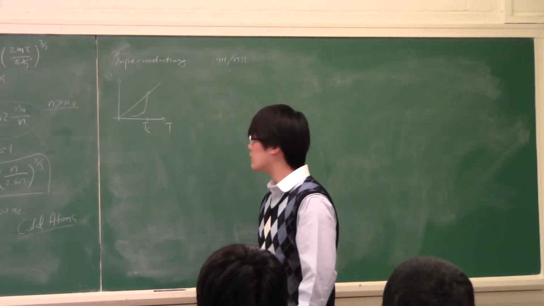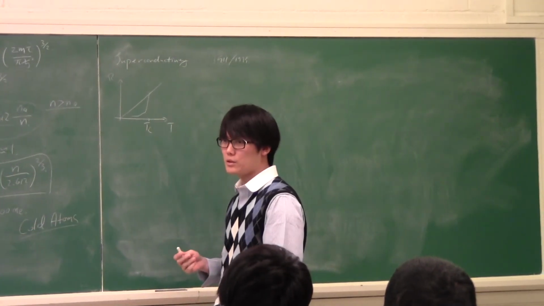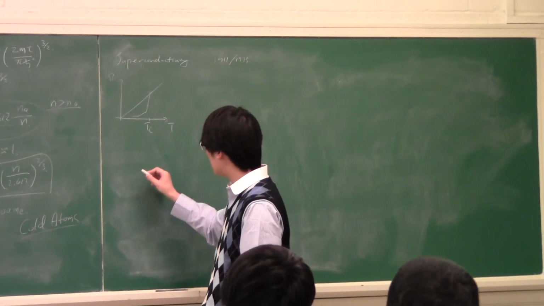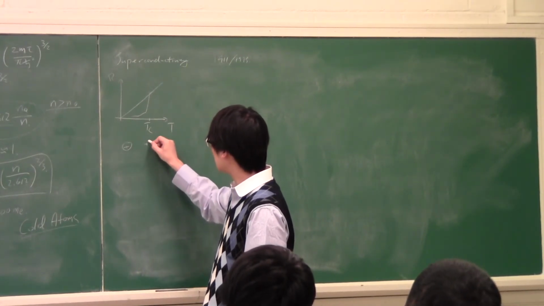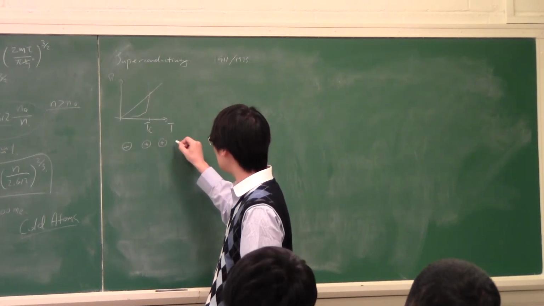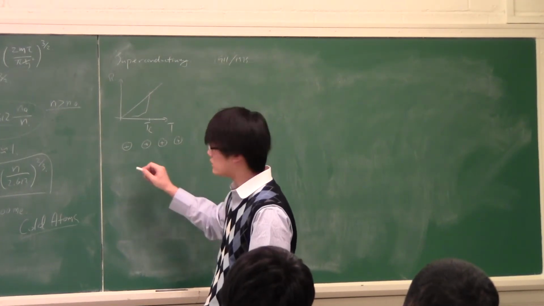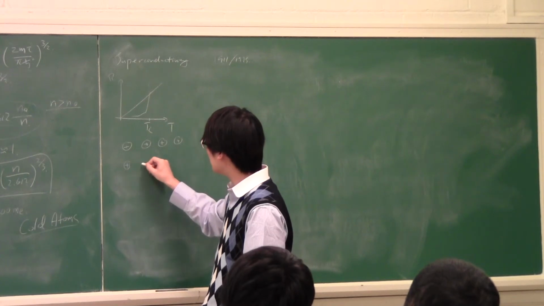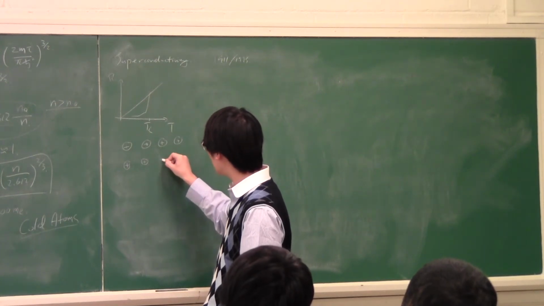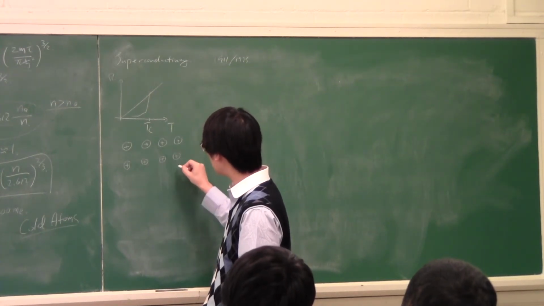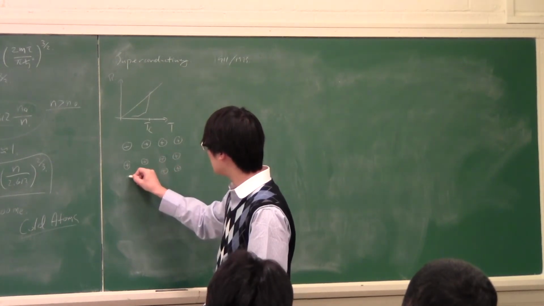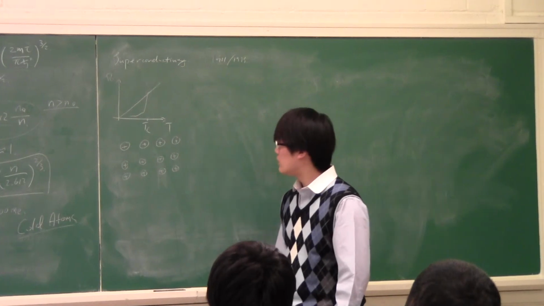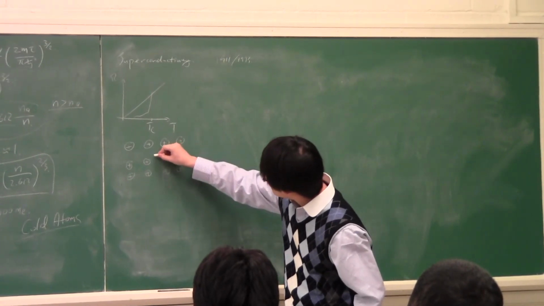But actually, inside of a solid, the electrons don't really repel each other at long range. The reason is that a solid has a background lattice of positively charged ions. You know this from your semiconductor knowledge. Now, what happens when we place an electron in here?